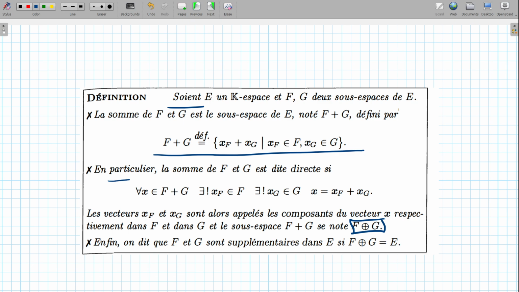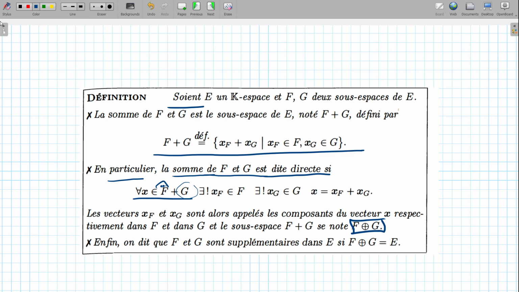And then en particulier, la somme de F et G est dite directe. So instead of only having la somme, we have la somme directe. We're going to say that the sum is going to be direct if the representation of x as a sum of an element of F and an element of G is unique, then the sum is going to be direct.